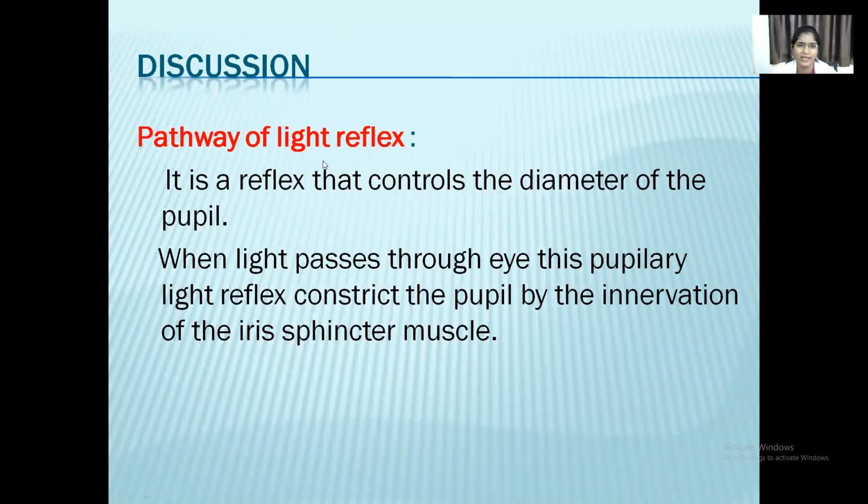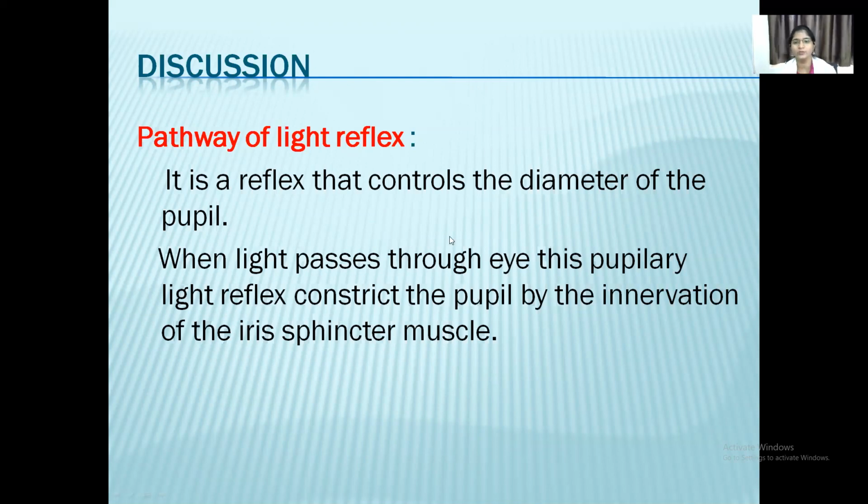First one is the pathway of the light reflex. It is a reflex that controls the diameter of the pupil. When light passes through the eye, this pupillary light reflex constricts the pupil by the innervation of the sphincter muscle of the iris. Means this light reflex controls the diameter of the pupil, as we discussed in the first slide in this class.